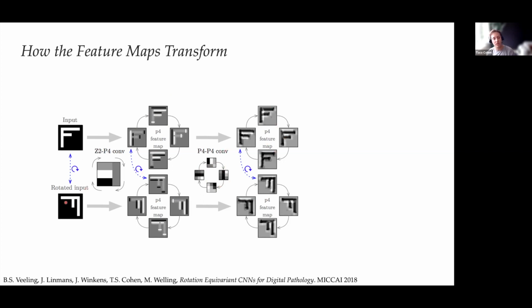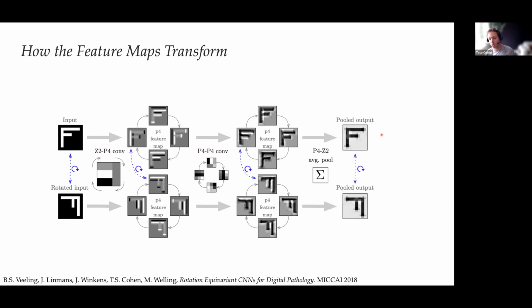And again, you can see that the whole construction is equivariant. So if you rotate the input feature map, you apply the first layer group convolution, and then the second layer group convolution using this procedure I just described, you get 4 output channels, which are related to the 4 output channels produced from the unrotated image in the same way, namely rotating the channels and cyclically shifting them.